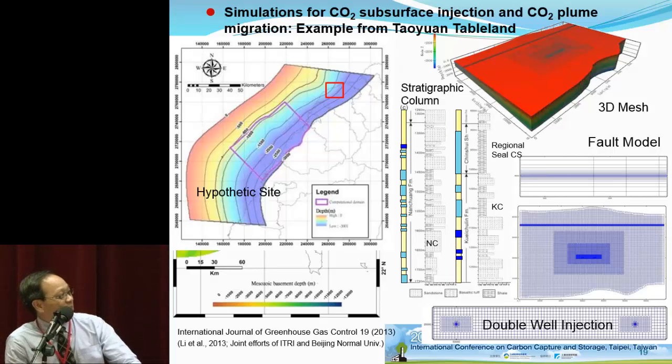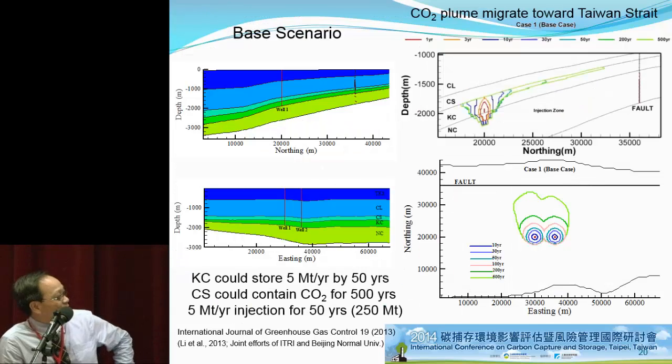So in this case, the scenario is that we have 2 injection wells in this area. They are double injection wells. And there's a fault, which is more offshore in this area. The result shows that for the Guizhulin and the Nanzhuang Formation, they can store annually about 5 megatons.